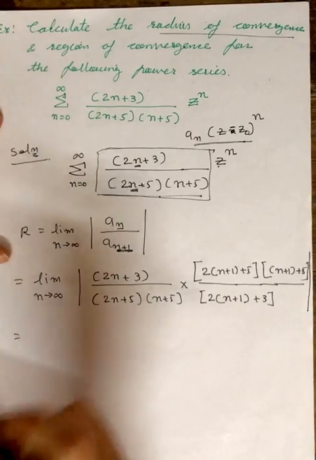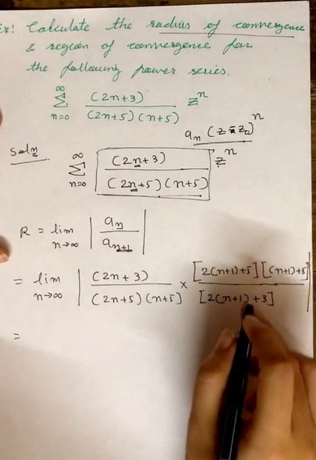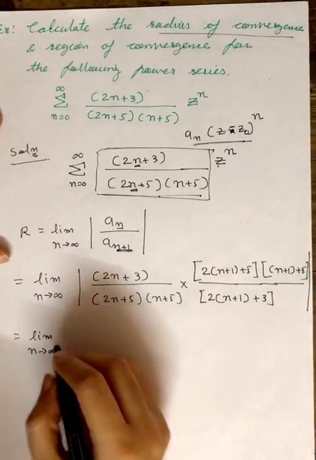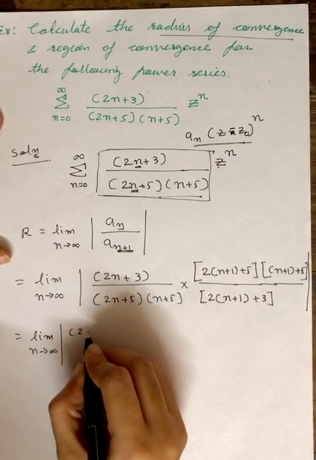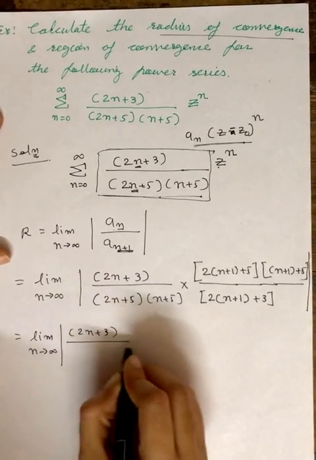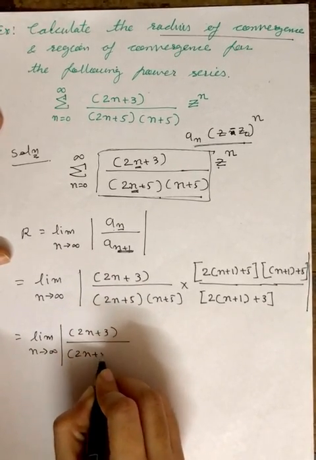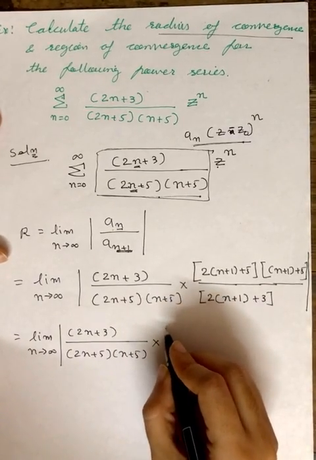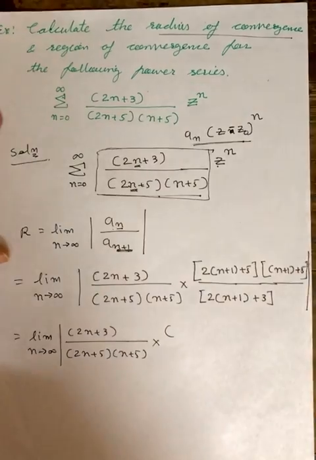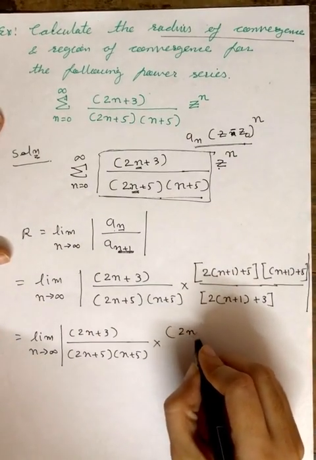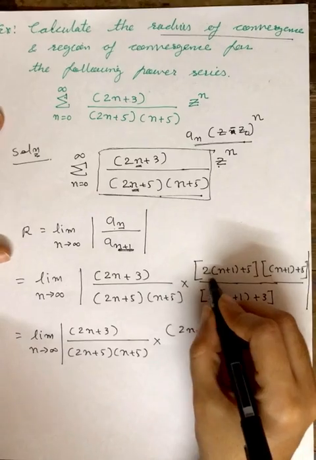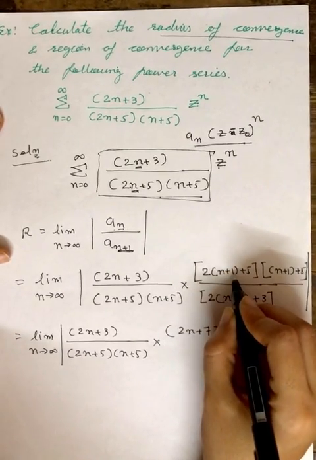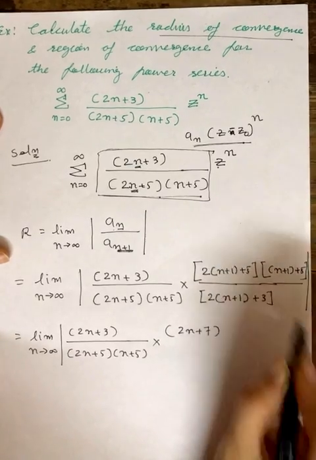Alright, now let us simplify this particular portion. We will find a simpler version of this. So this is 2n plus 3, there is nothing to do here. We will get some simplification here by reopening the brackets. So you have 2n plus 7 here. If you open this bracket, it will be 2n plus 2, and 2 plus 5 will be 7. So it will be 2n plus 7.